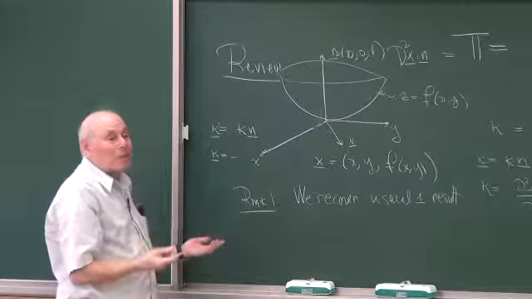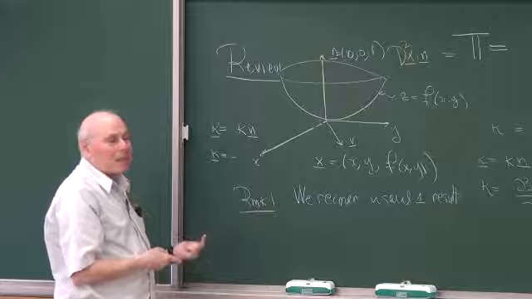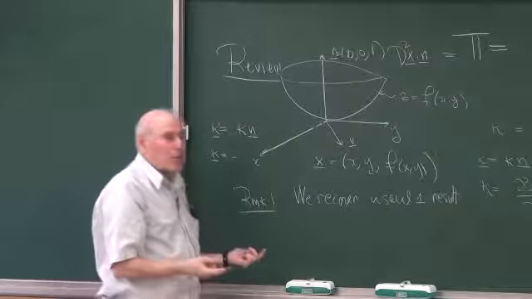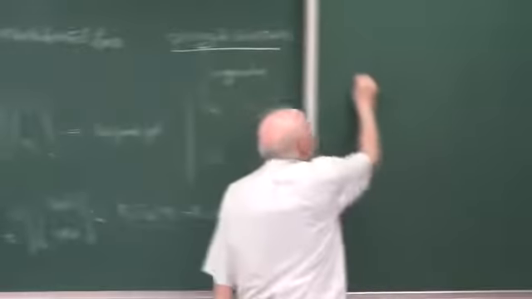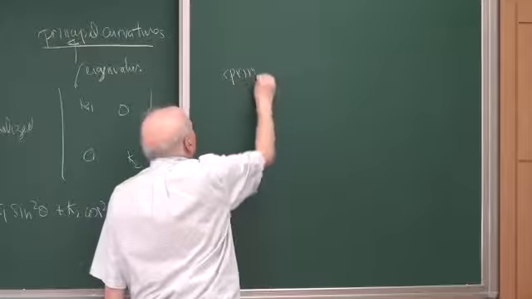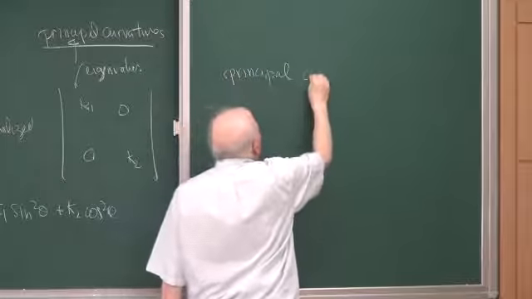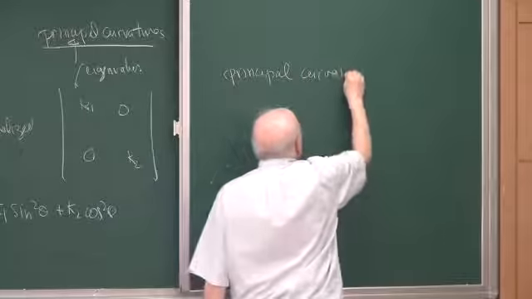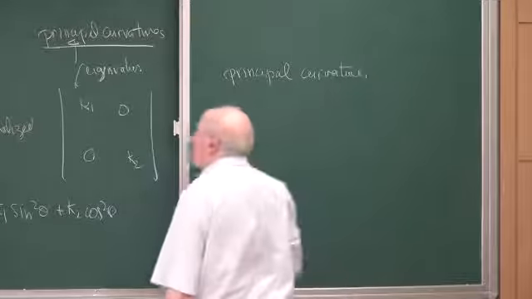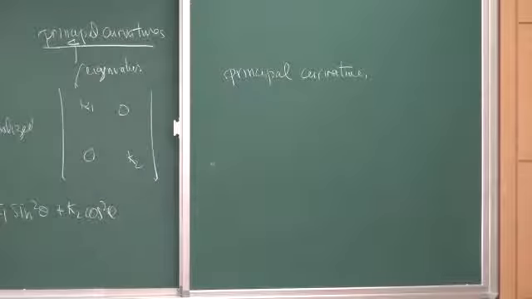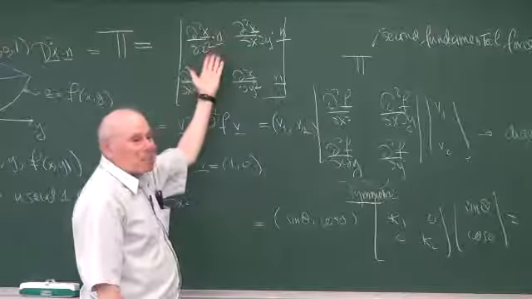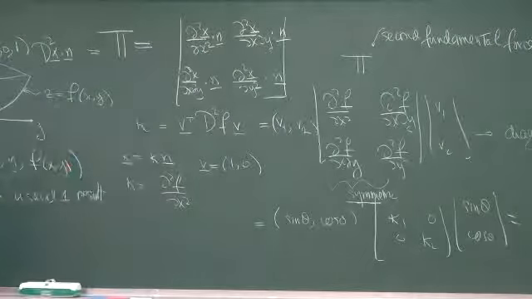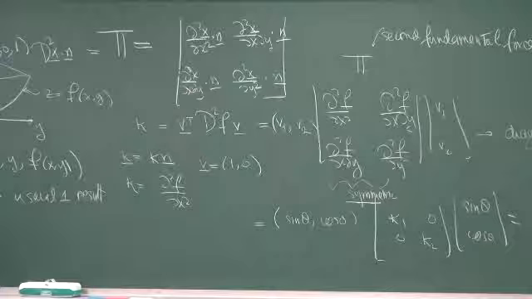Well, that would switch the signs of the eigenvalues, which would switch the signs of the curvatures. So the principal curvatures are not well defined. You could have done the whole story with the normal the other way. Right? I switch n to minus n, everything switches sign. So principal curvatures are not well defined.